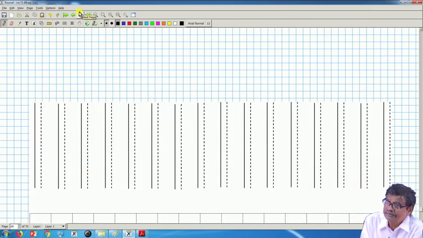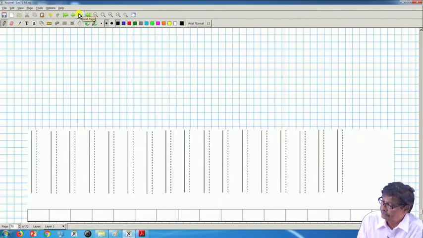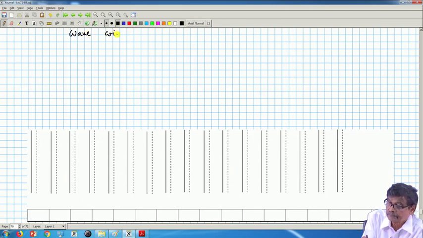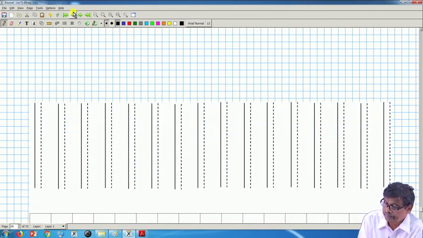Previously there were 16 slots: 1, 2, 3, 4, 5, 6, 7, 8, 9, 10, 11, 12, 13, 14, 15, 16.